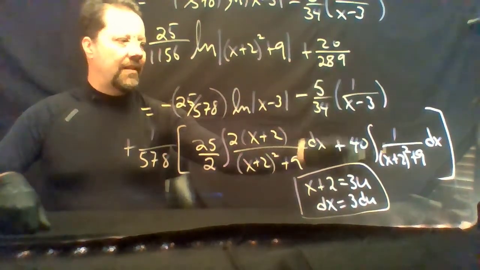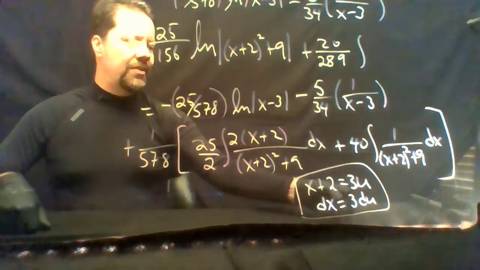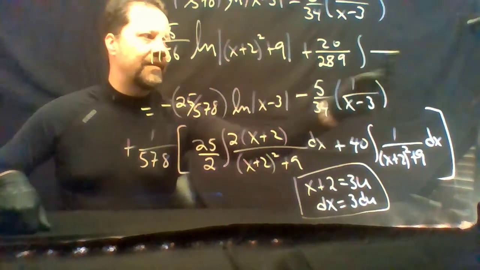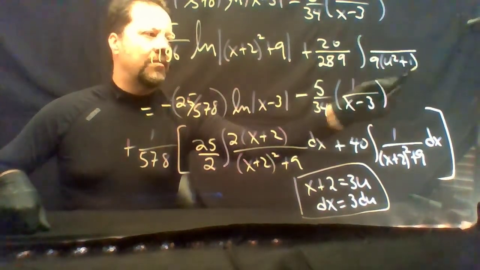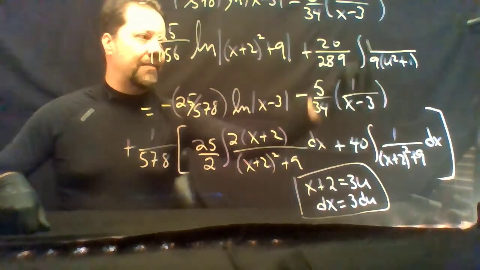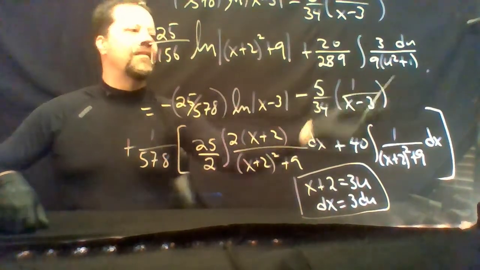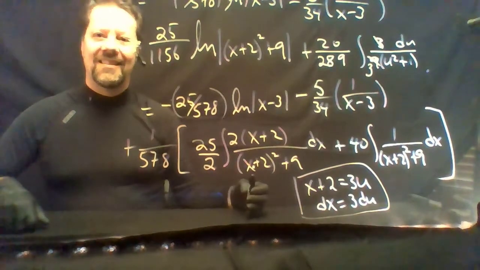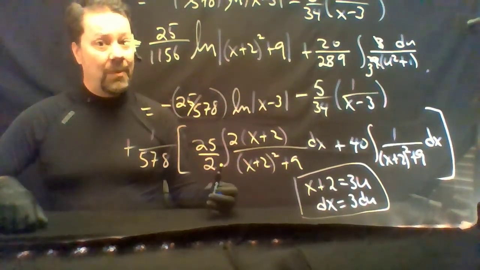289, the integral. Well, let's see. x plus 2 gets replaced by 3u, so we'll have 9u squared plus 9 in the bottom, we'll factor the 9 out. And on the top, 3 du. We get a little bit of cancellation, and then it looks like we have the 1.